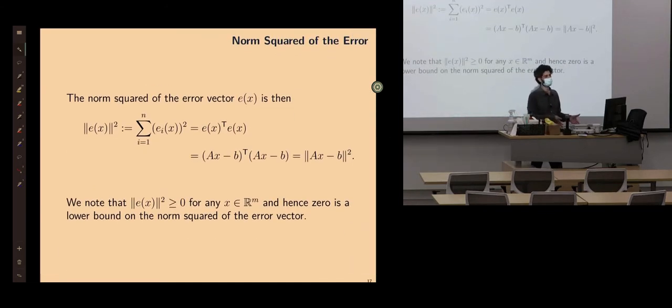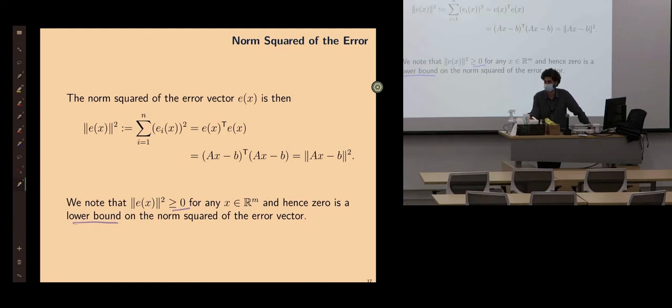Now, based on our previous discussions, we know that the norm squared of the error is always greater than or equal to 0. At best, when the system has a solution, it will be 0. It is a non-negative value, whatever the value of x. So you can say that it is lower bounded by 0.